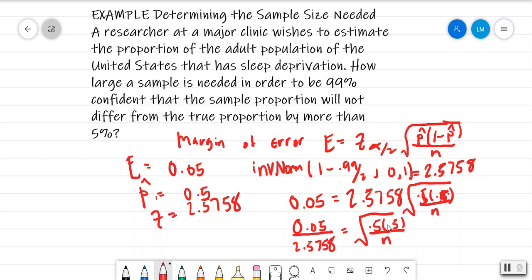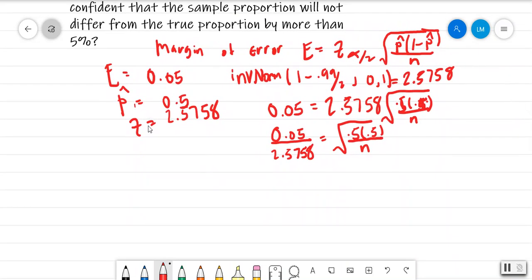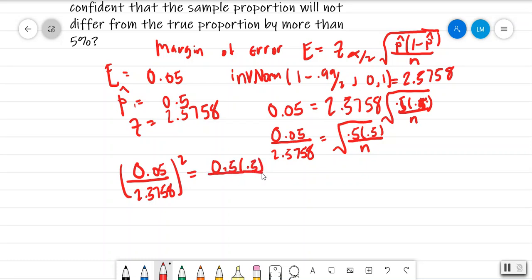Now, what if we just square both sides? We'll end up with 0.05 divided by 2.5758 squared is equal to 0.5 times 0.5 all over n.